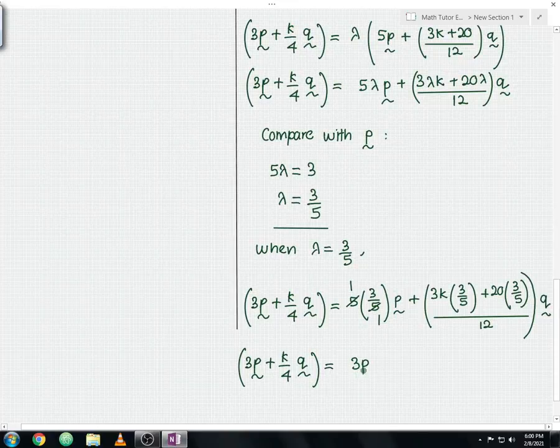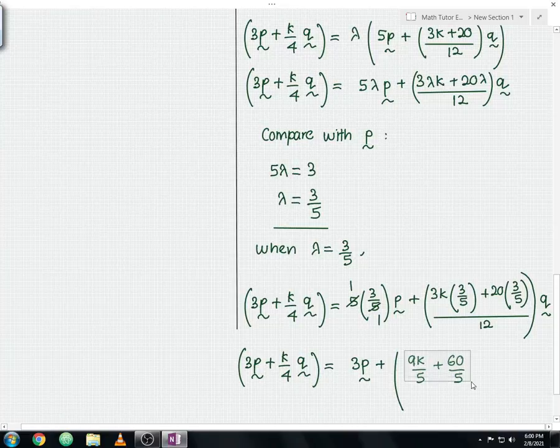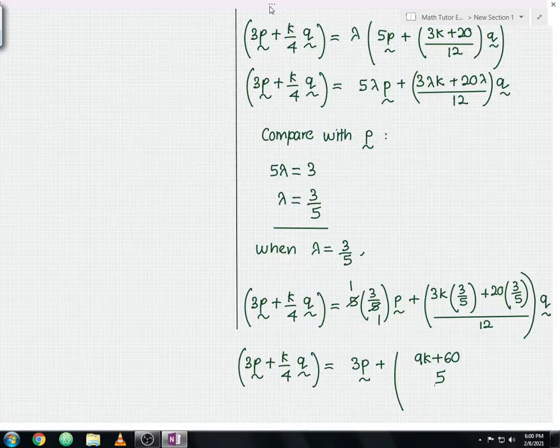Okay, so from here you get 3P, and then plus, okay, this calculation will be slightly tedious, so please follow up with me. You solve this, you get 9k over 5, and then you times this, you get plus 60 over 5. So you combine them together, you get 9k plus 60 over 5.